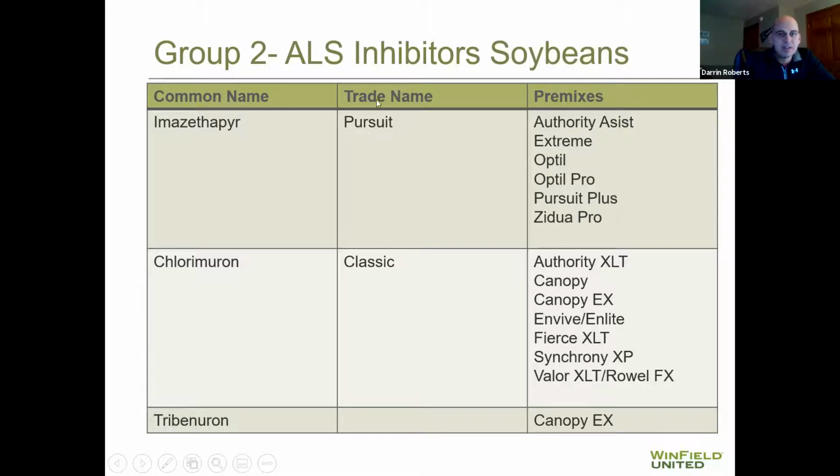Okay, some of the common products here are the trade names, Pursuit, and then Classic, and then in the right column you'll see some of the premixes that contain this specific herbicide group in it. Zidua Pro has Pursuit in it. That's a very common one on the market today.